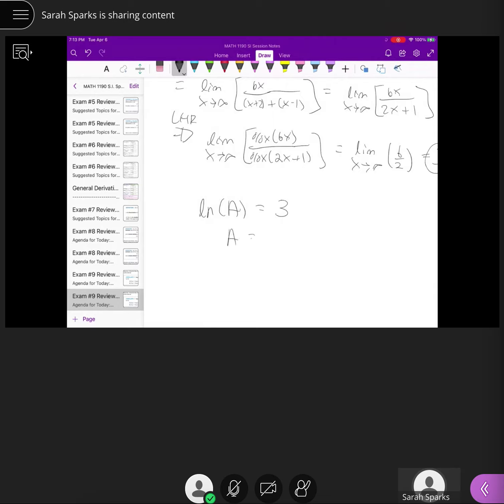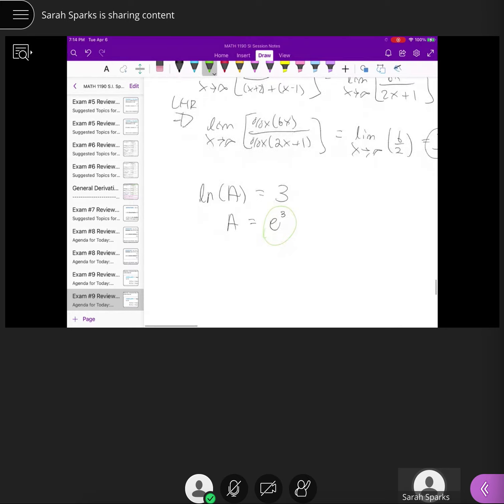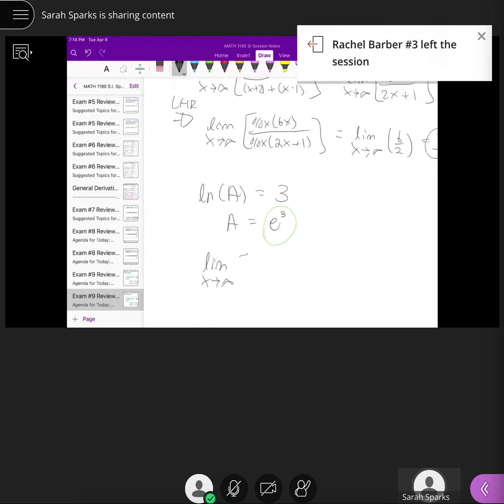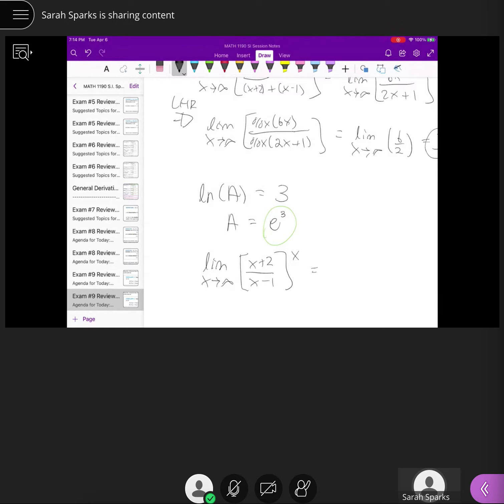So we know that a is going to be equal to e to the 3 power, meaning that this is actually the answer to our limit. So our final answer is the limit as x goes to infinity of x plus 2 divided by x minus 1, to the x, is equal to e to the 3 power.